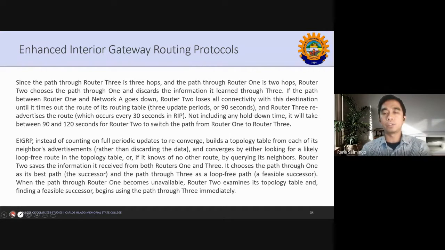It chooses the path through 1 as the best path, the successor, and the path through 3 as a loop-free path, a feasible successor. When the path through router 1 becomes unavailable, router 2 examines the topology table, finds the feasible successor, and begins using the path through 3 immediately.